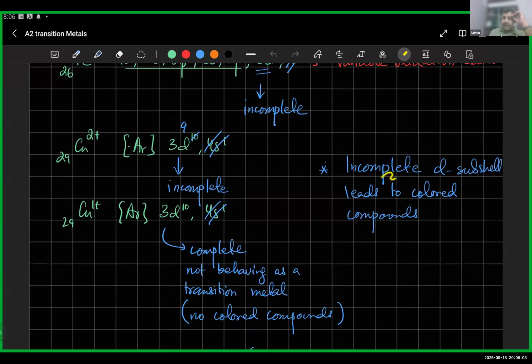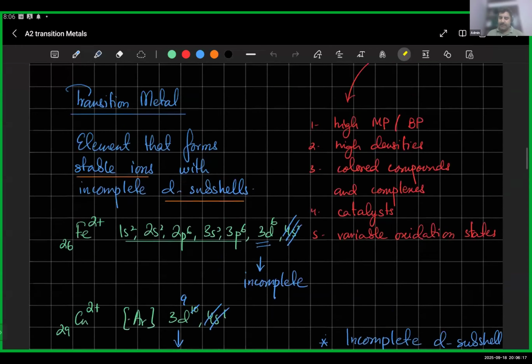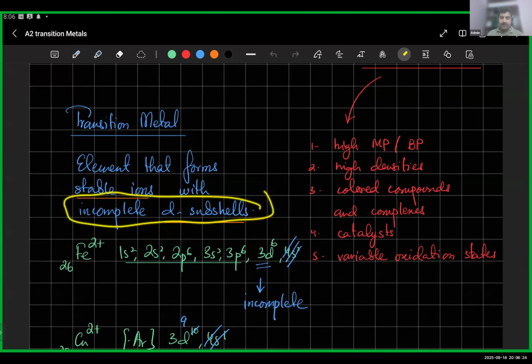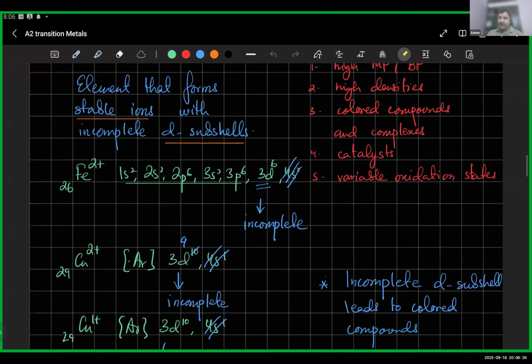I'd also told you that this condition, that the ion must have an incomplete d subshell, has something to do with colored compounds, which we'll discuss later on. But remember, transition metal ions are going to have incomplete d subshells. That's the definition of a transition metal.